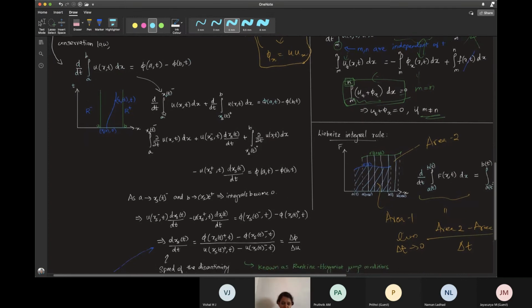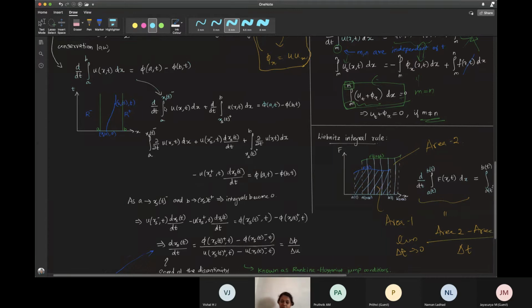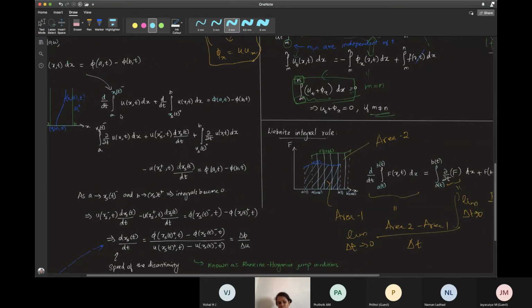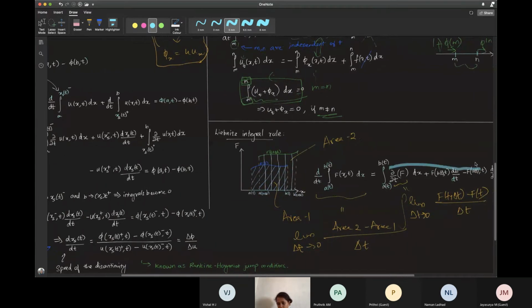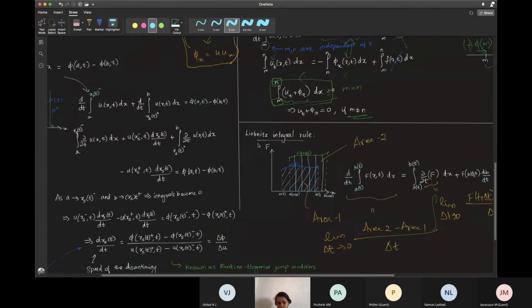So now since x_s(t) is a function of time, and we are differentiating the integral with respect to time, we need to use our Leibniz rule over here. This one integral will split into 3 different quantities.